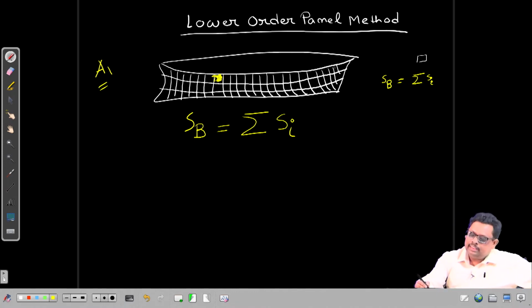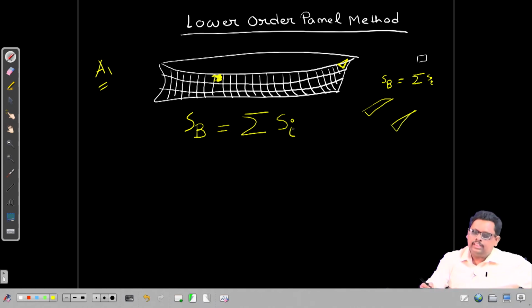Sometimes in this situation you might have some triangular panels also, because this corner part you can't handle nicely with a quadrilateral. Suppose if you try to do the quadrilateral, it becomes so thin like this. So, instead of doing this you can assume that to be a triangle.